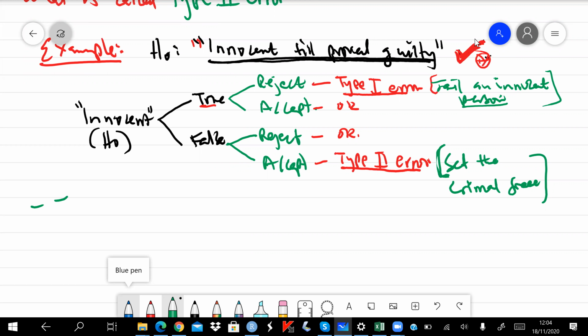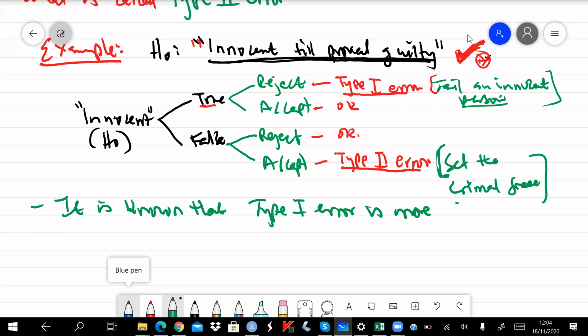So we say that it is known that type 1 error is more serious than type 2 error.